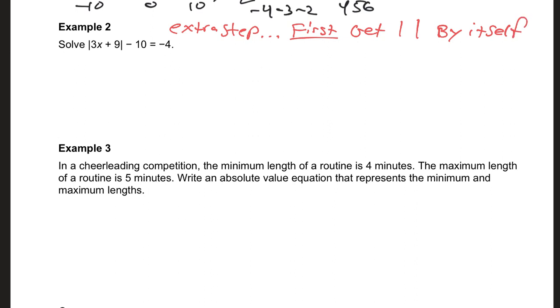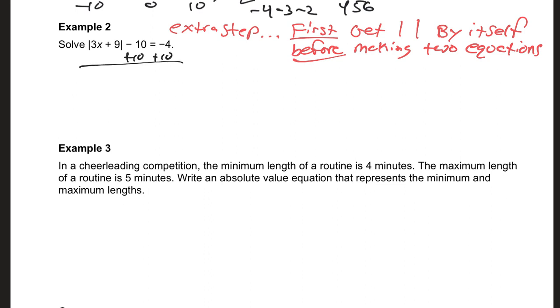That's the first step, before making 2 equations. So what that means here is I'm going to add 10 to both sides. Absolute value of 3x plus 9 equals 6. Double check, it's set equal to a positive. So at that point, I can do my 2 equations.